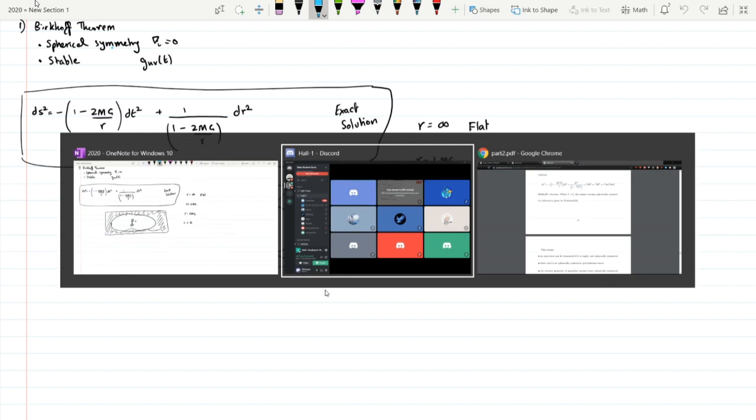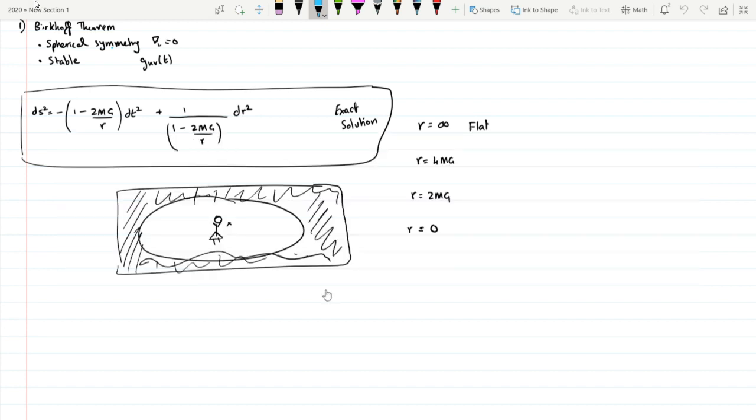What happens? Apurva, you're the one falling in, so you have to tell me what happens at r is equal to 0.